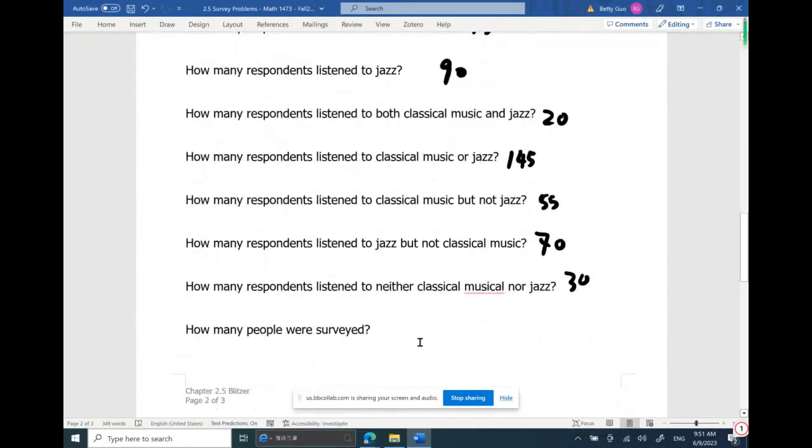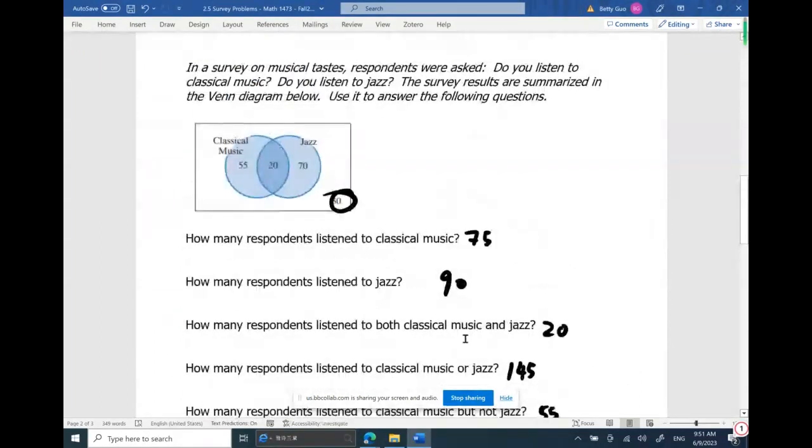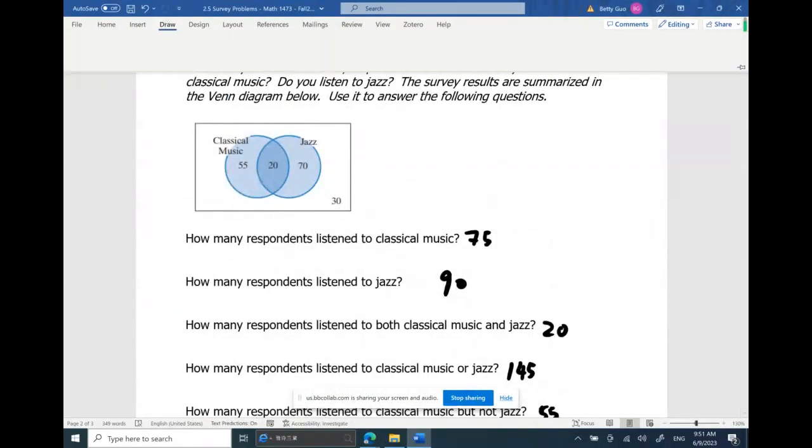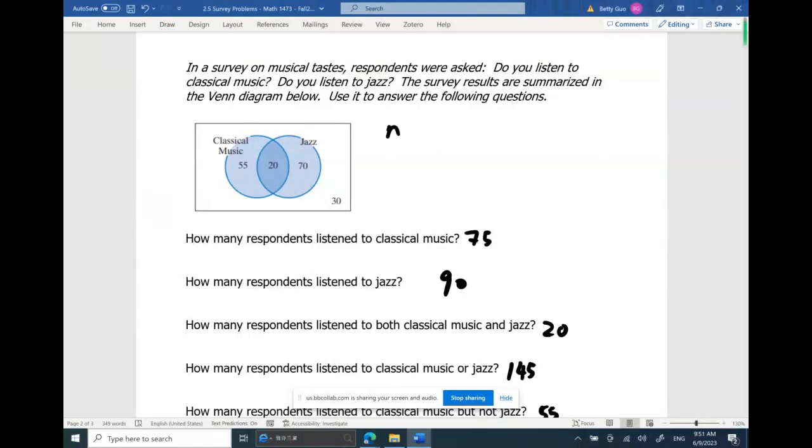How many people were surveyed? So how many people in the box? The rectangular box represents the universal set. So the cardinality of the universal set, the total number of respondents in this survey, we have 55 plus 20 plus 70 plus 30. And that is 175.